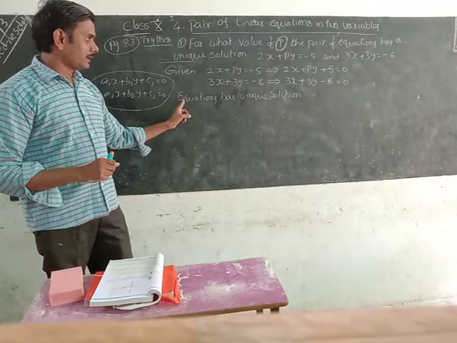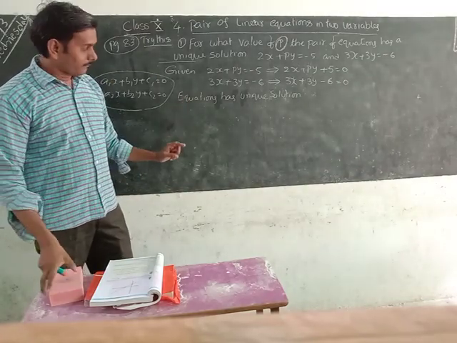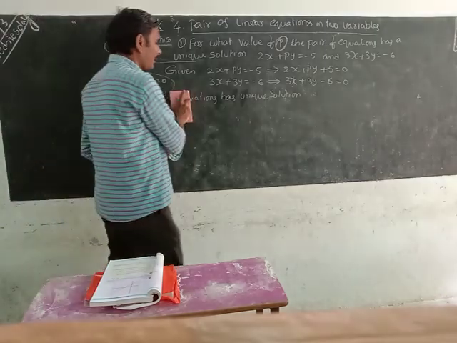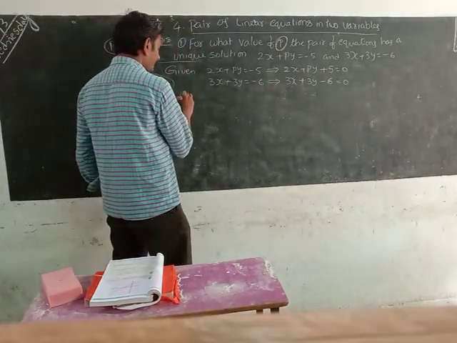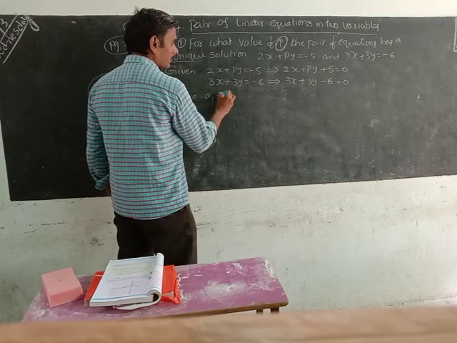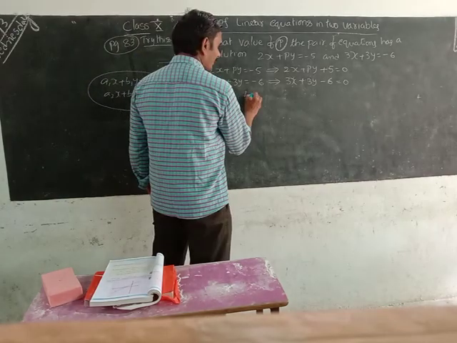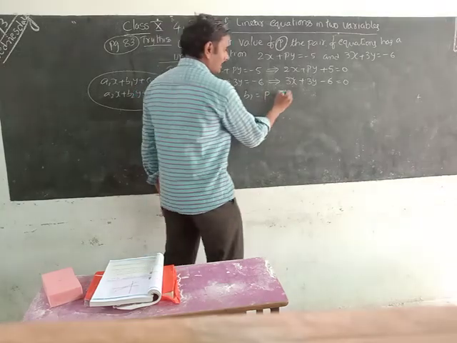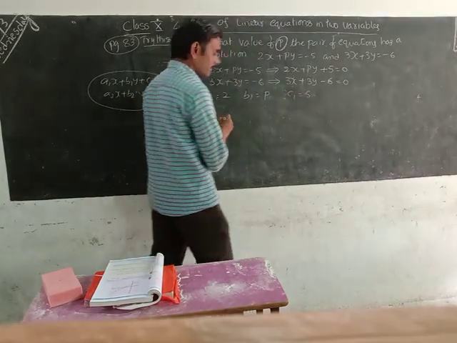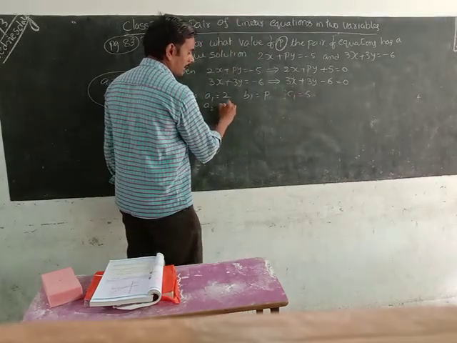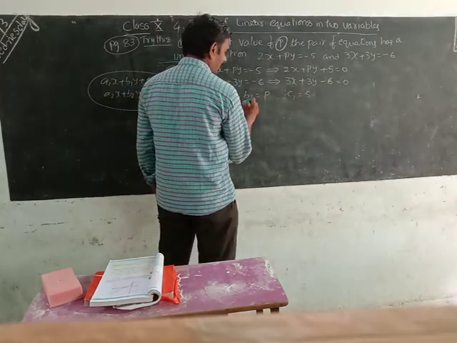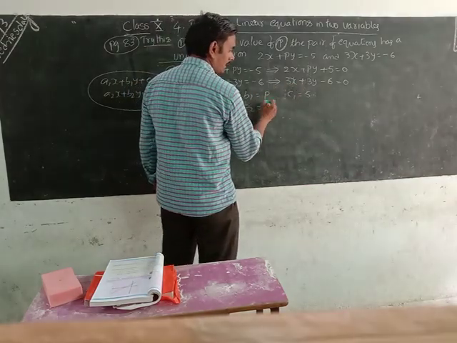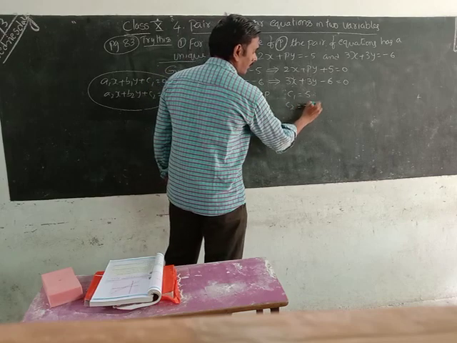Okay, what is the condition here? First identify the a1 value. Here a1 equal to 2, b1 equal to 3, c1 equal to 5. a2 equal to 3, the x coefficient. The y coefficient b2 equal to p, c2 equal to minus 6.